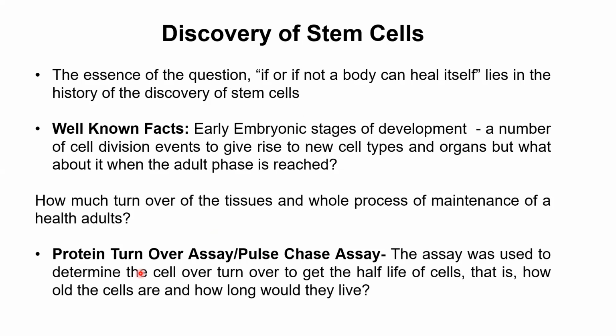One technique that really gave us all the answers was known as turnover assay or pulse chase assay. It was used to determine the cell turnover to get the half-life of the cell. And this would tell us how old these cells are and how long they could live.